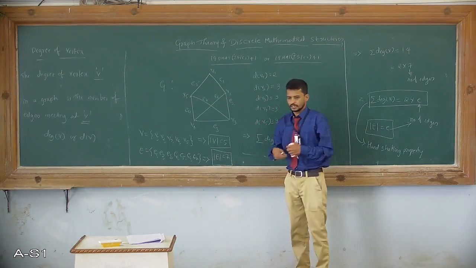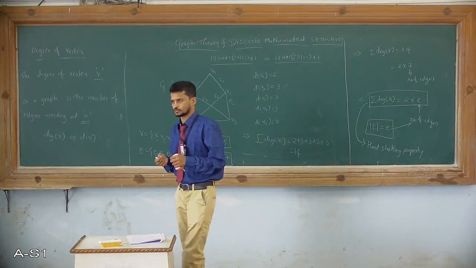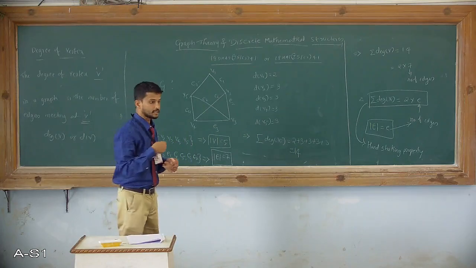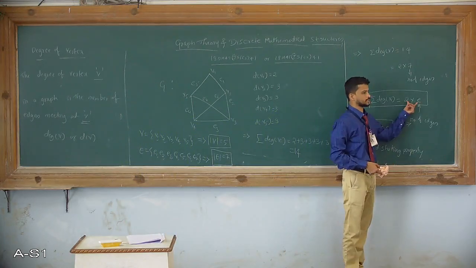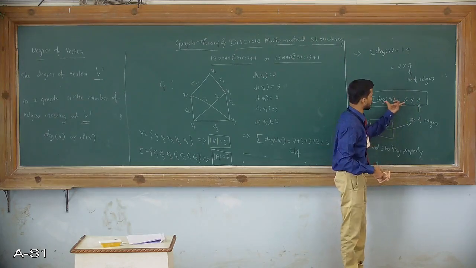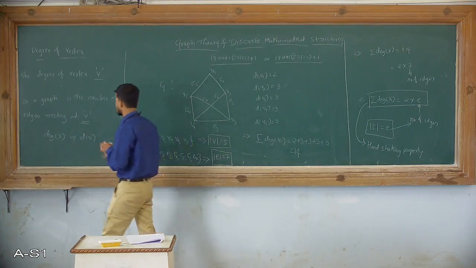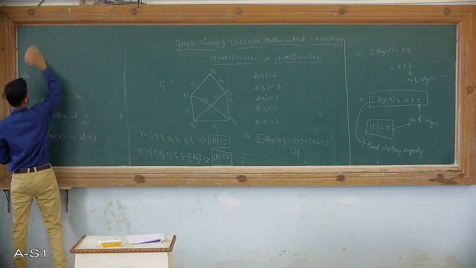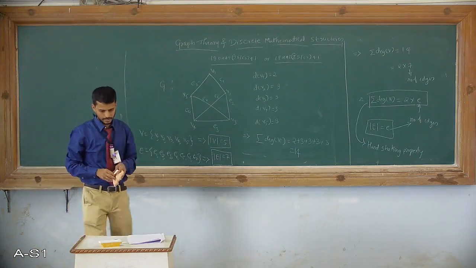So its contribution is 2. Every edge has 2 times contribution, and that leads us to write 2 times E here. Therefore this property is called the handshaking property. Now we'll consider some examples based on the degree of a vertex. We'll solve some more examples.